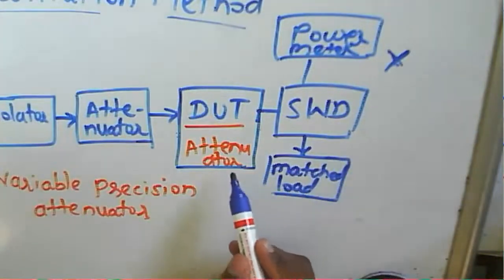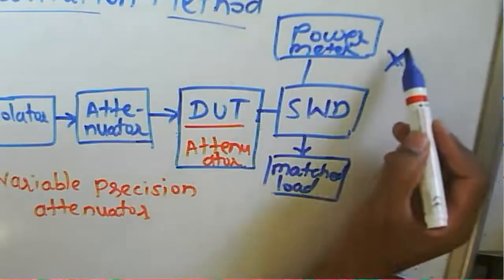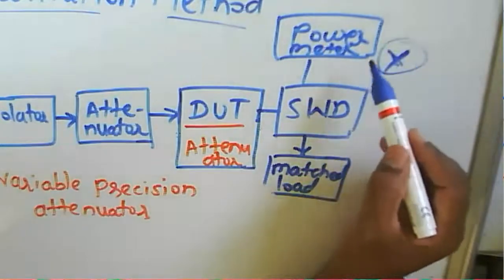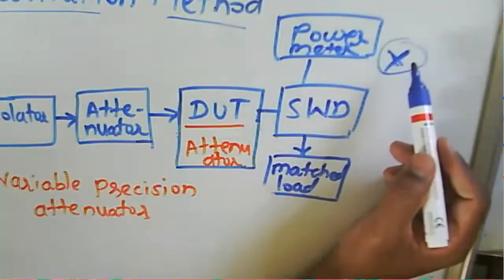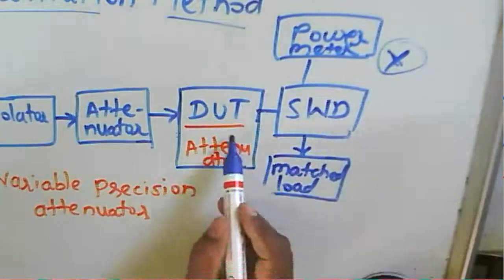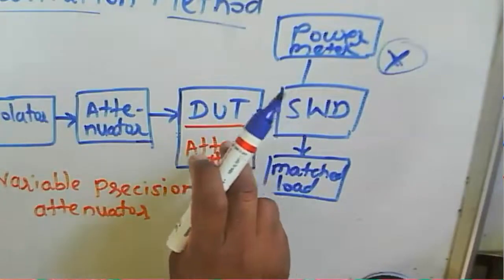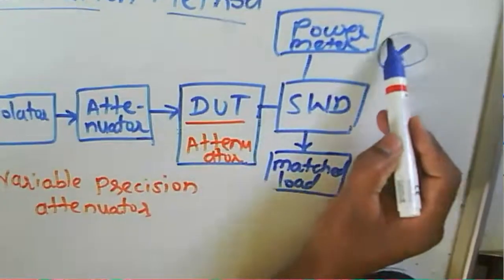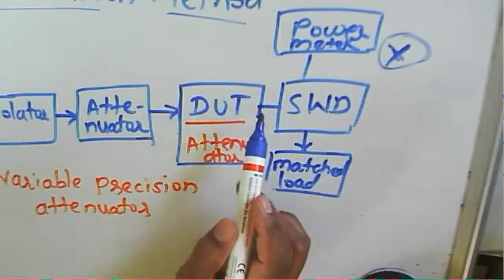Then we need to vary the attenuation in such a way that we get the same x value at this particular power meter. Because we are varying the attenuation, we get the same x value that we got earlier with the device under test.